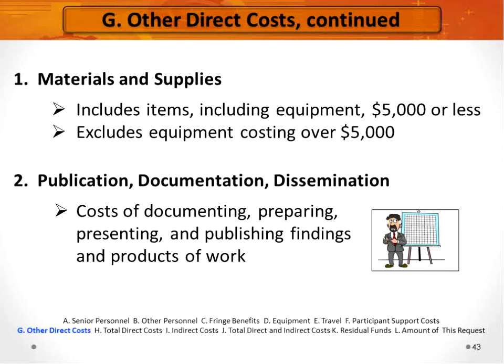Moving on to publication, documentation, and dissemination. So funds may be requested related to documenting, preparing, publishing, and sharing findings and supporting materials coming out of your grant activities. So the following types of activities, from reports, editing, documentation, creating of web pages, production of posters. These are all things that could fall under publication and dissemination.